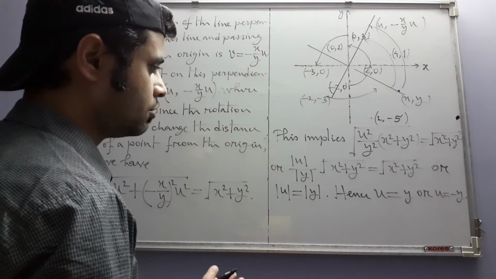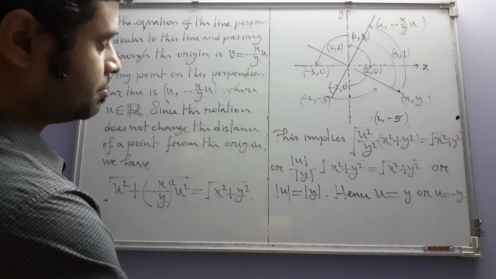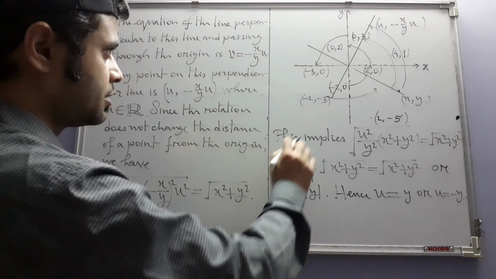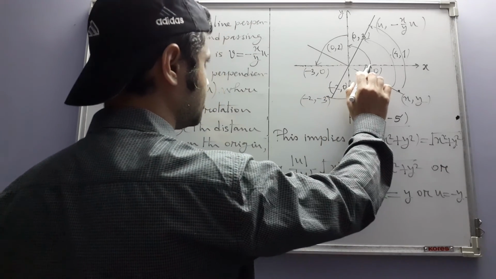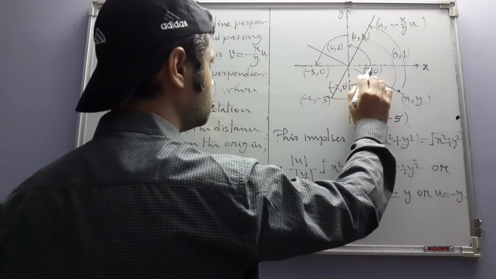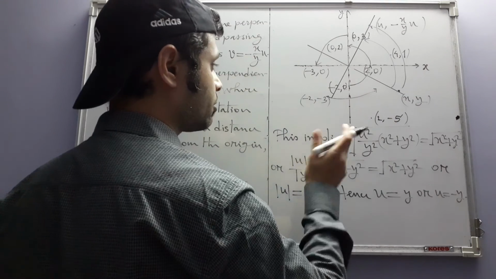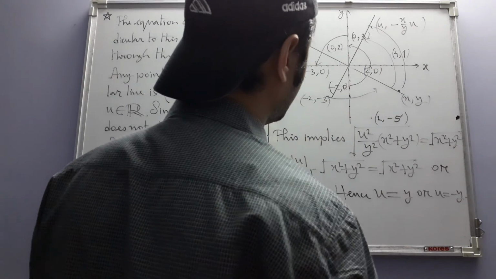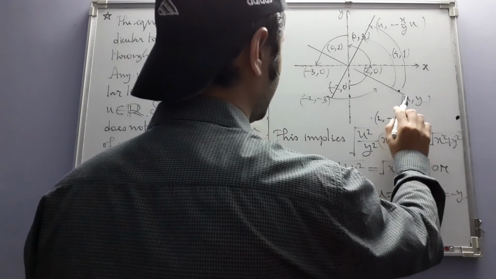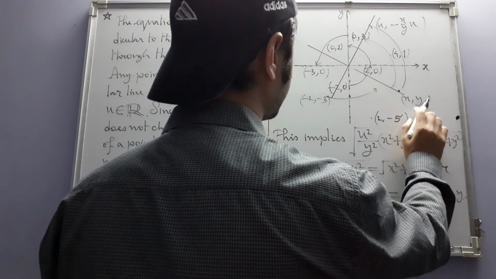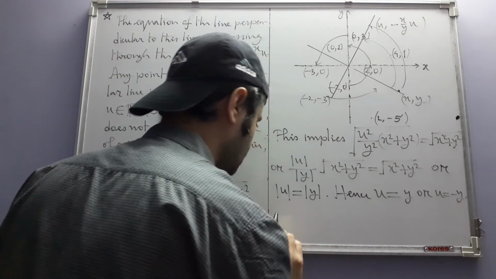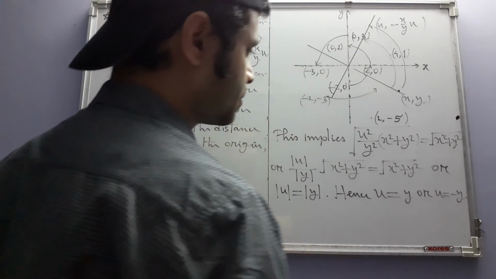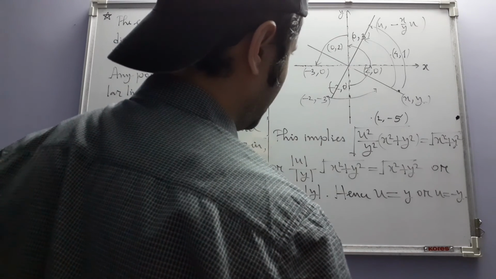So how to rule out one of them? From our example, for example, this one, 2 comma 0, we cannot take that because that is lying on the axis. For x comma y, u is equal to y or u is equal to minus y.